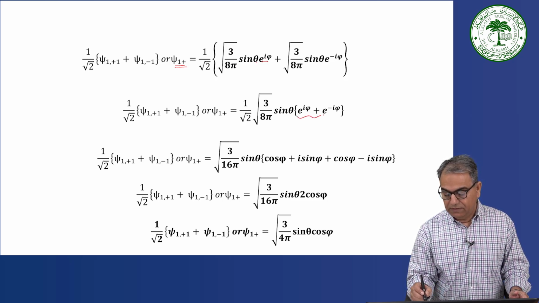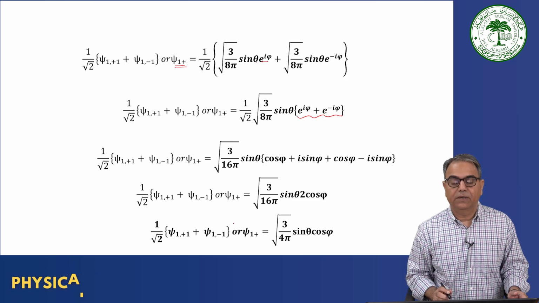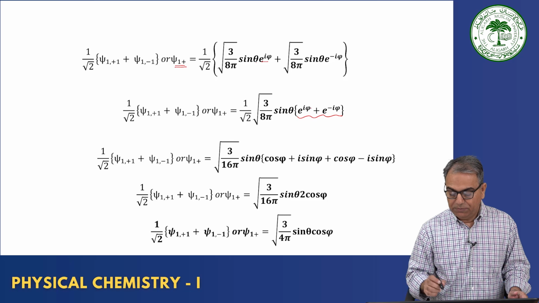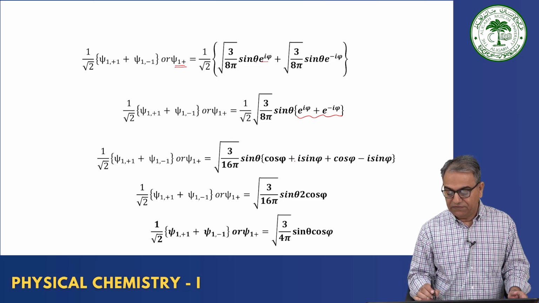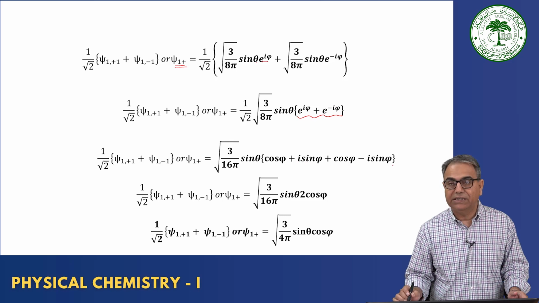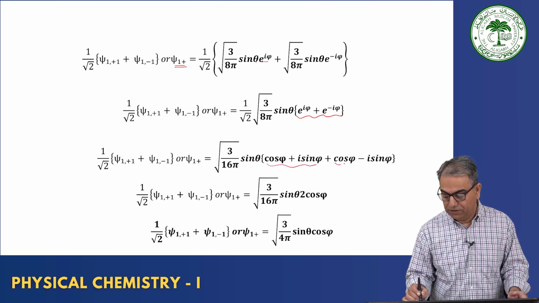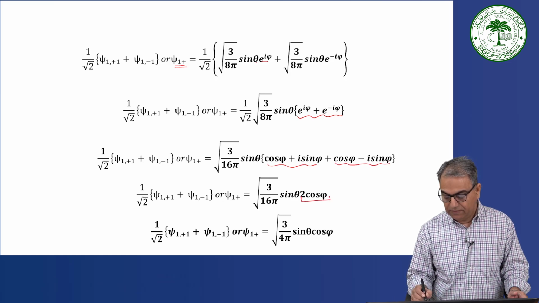Now from de Moivre's theorem, e to the power i phi you can write as cos phi plus i sin phi, and this you can write as cos phi minus i sin phi. So if you use this equation, then what do you get? You get 2 cos phi.